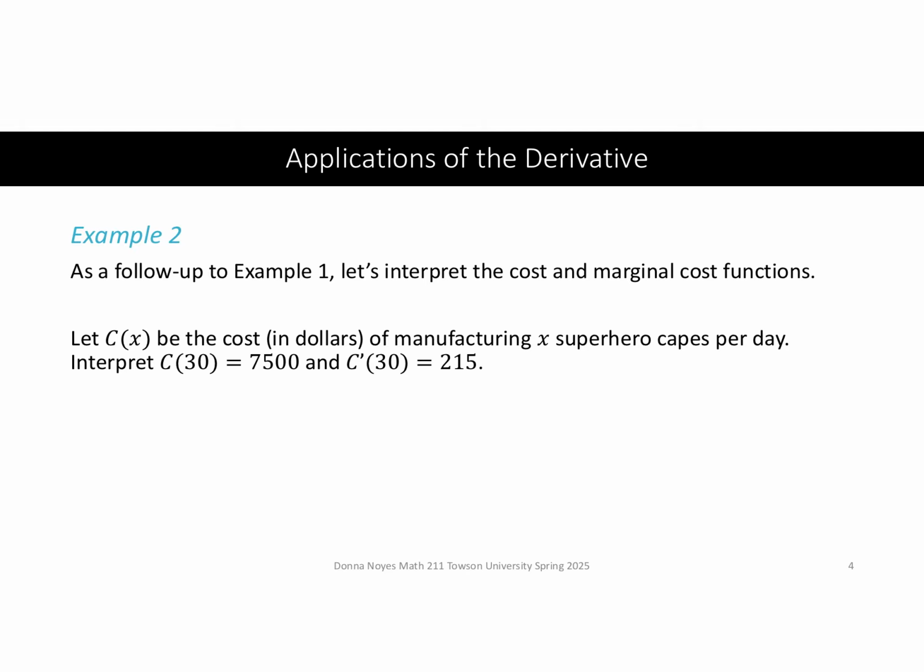So as a follow-up, let's interpret the cost and marginal cost function. So if C of X is the cost in dollars of manufacturing X superhero capes per day, let's interpret what C of 30 equals 7,500 and C prime of 30 equals 215 mean.